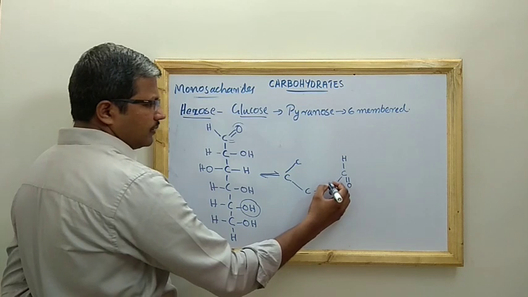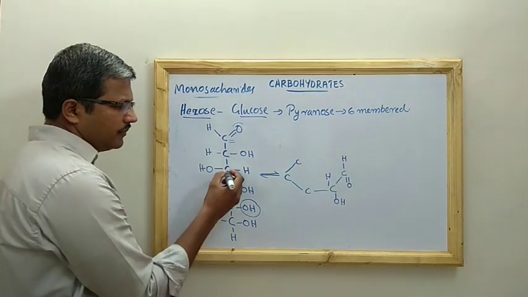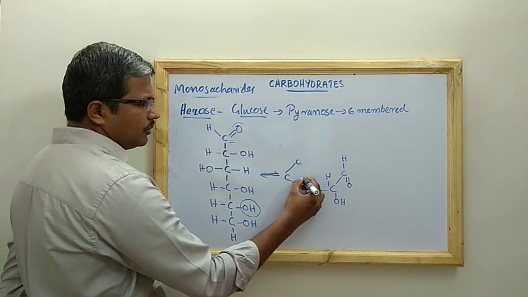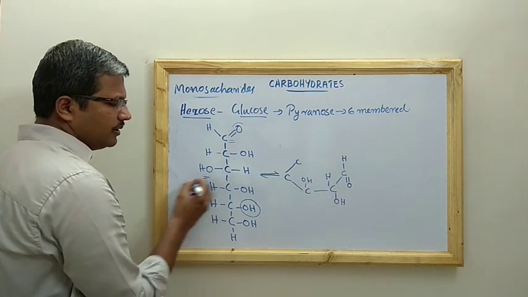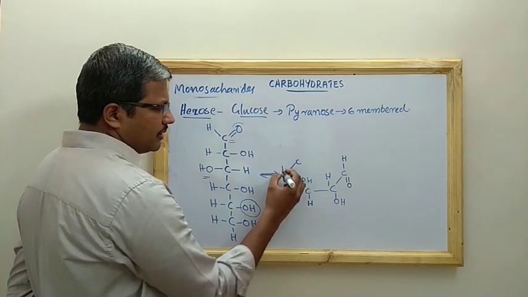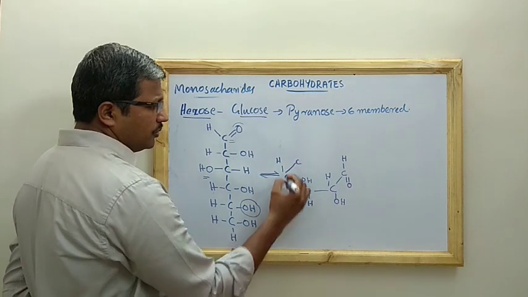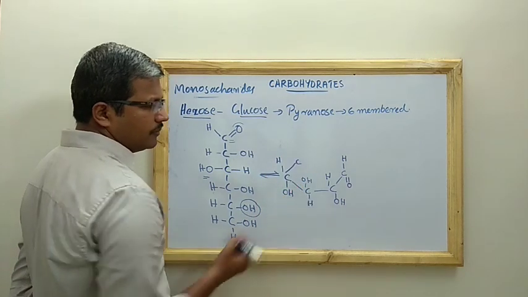Now we can see hydrogen and hydroxyl group, and in this one hydroxyl on top because it is on the right side, and then hydrogen. In this carbon we can see H on top and OH down.